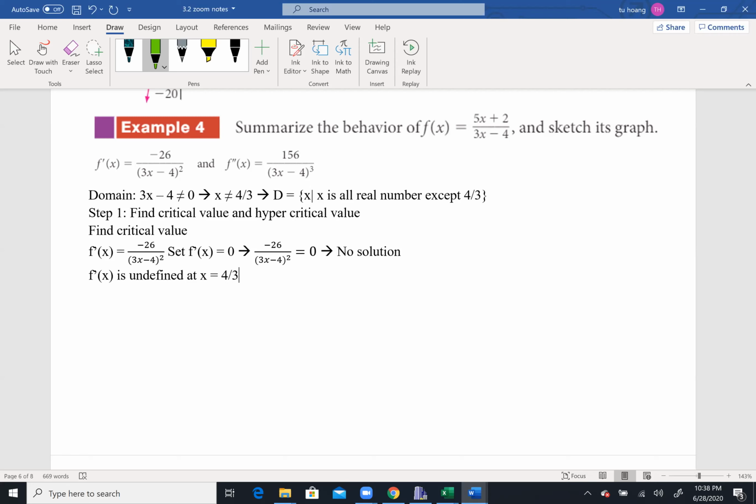However, it is not in the domain of f(x). See that? Because the domain says except 4/3, so it is not in the domain of f(x). So I'm going to say no critical values.